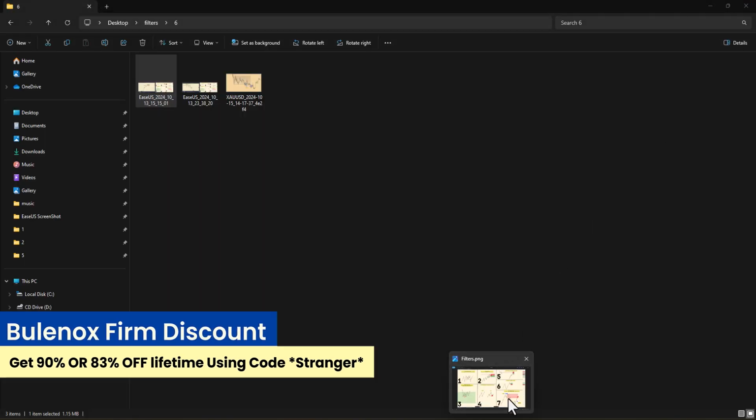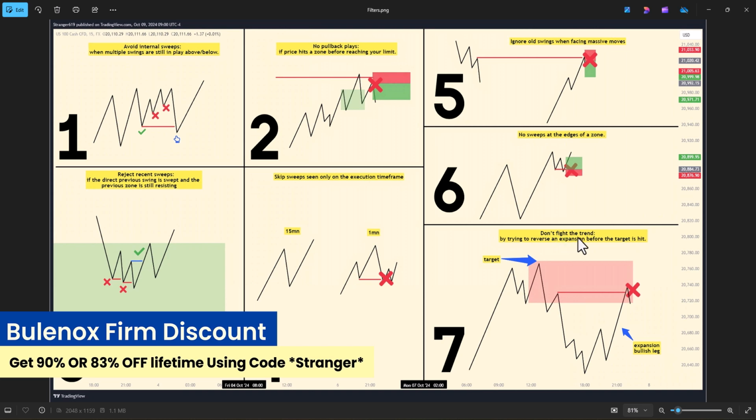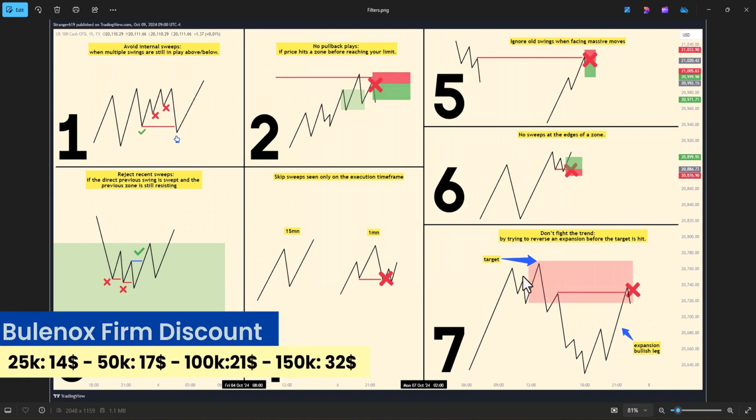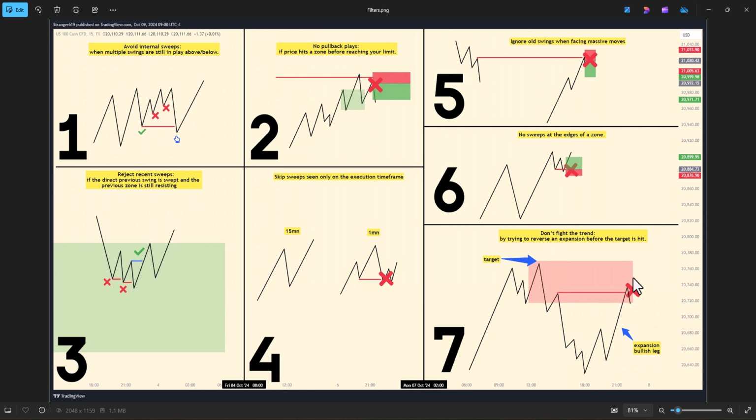The last filter: don't fight the trend by trying to reverse an expansion before the target is hit. A lot of times price is trading to the upside, gives a pullback, and now the pullback has ended and price shifted to the upside to prepare for another expansion leg.